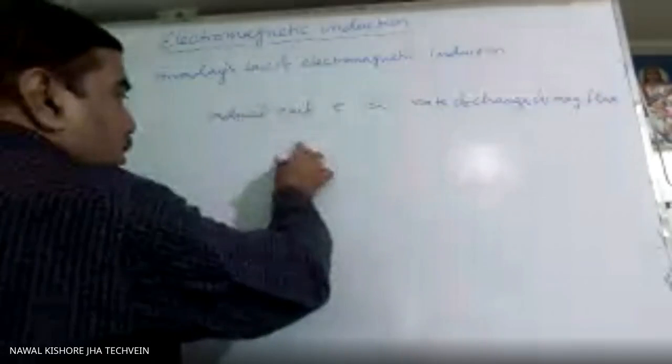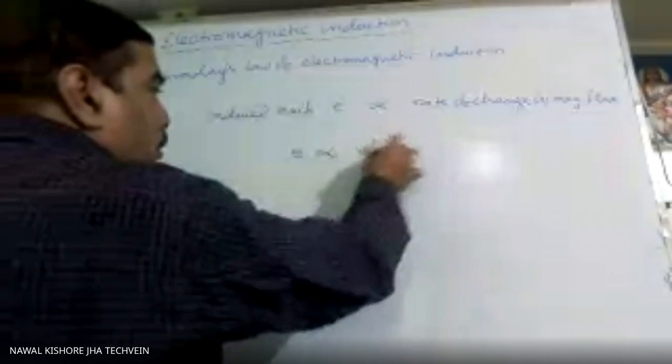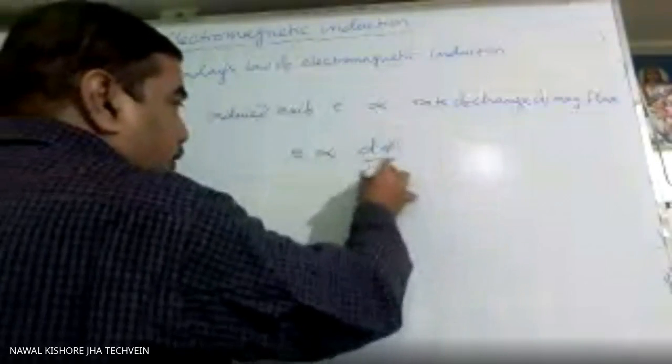That is, E is directly proportional to dΦ/dt. Φ is the total flux linked to the coil.